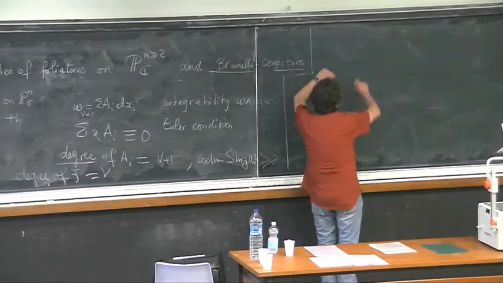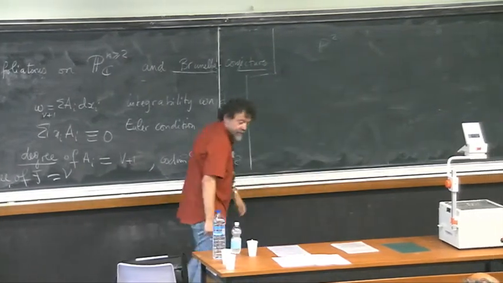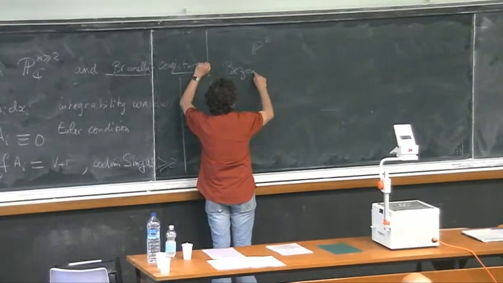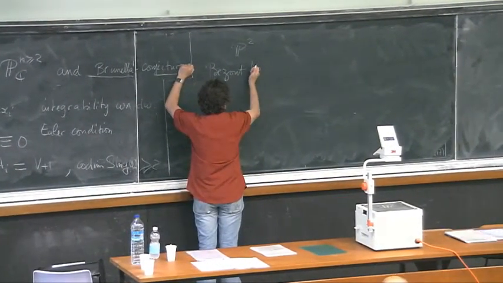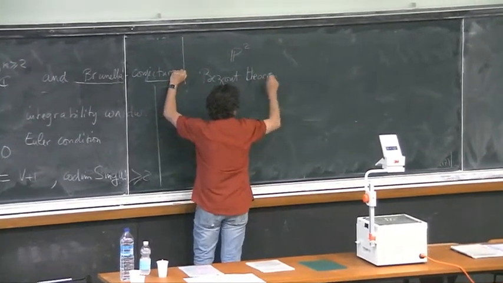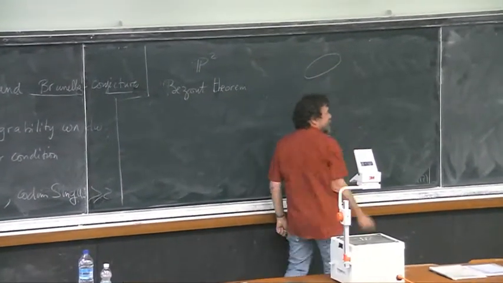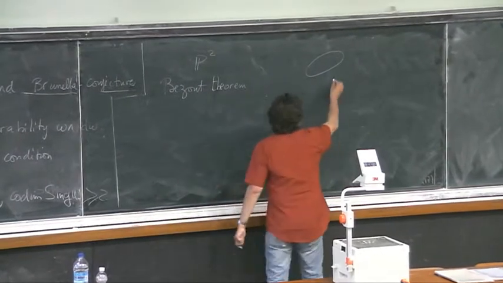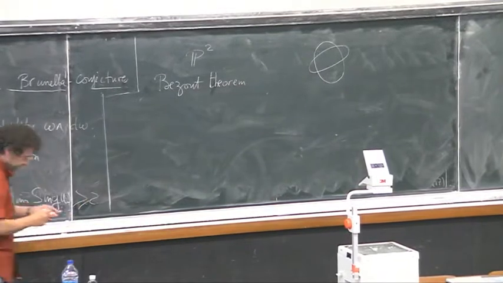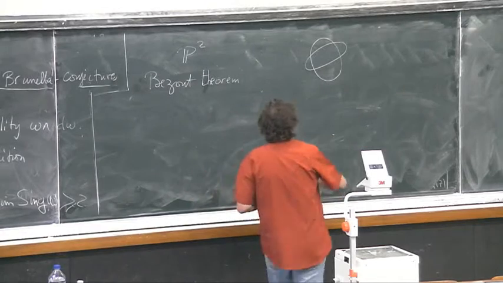So at first, P2. In P2, you have something like Bézout theorem. We know that if you have two curves of degree D1 and D2, then the number of points of intersection of the two curves is the product of the two degrees, if you count the multiplicity.